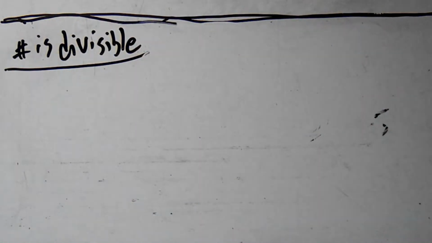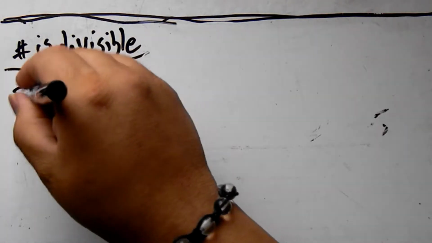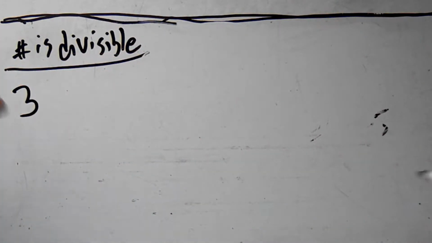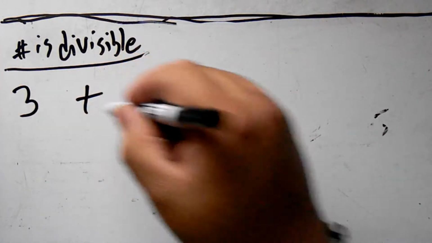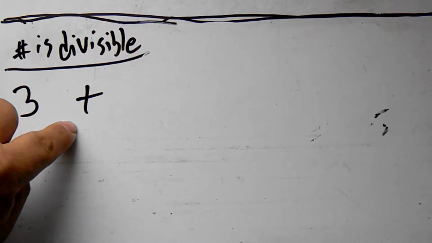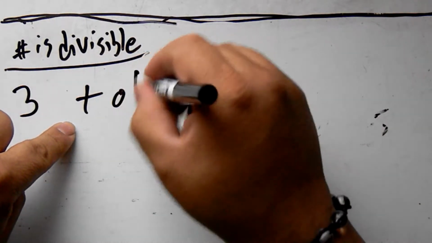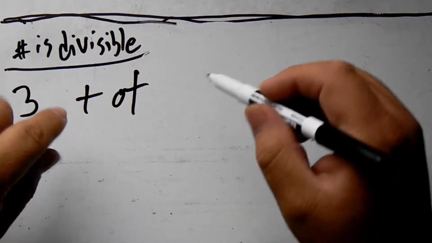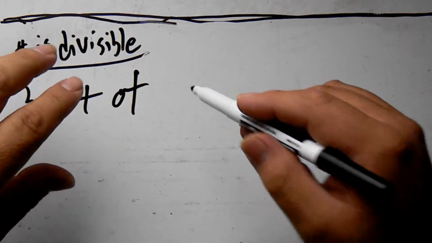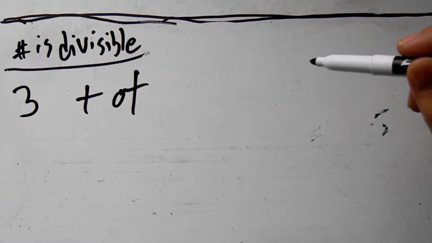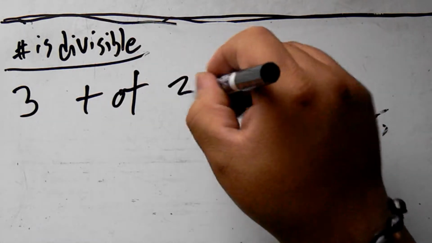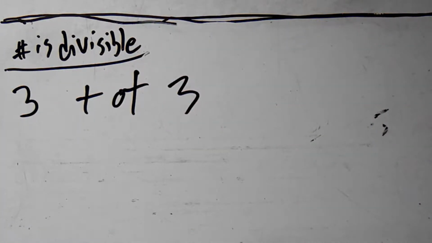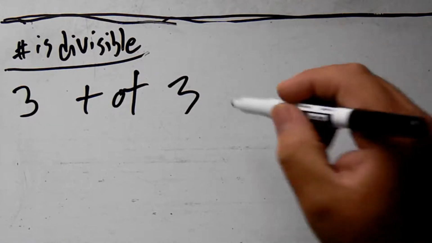A number is actually divisible by 3 if the sum of the digits is divisible by 3. So let's say an example would be 12.